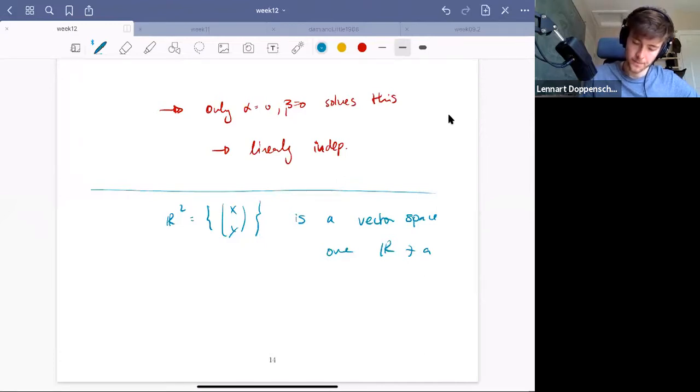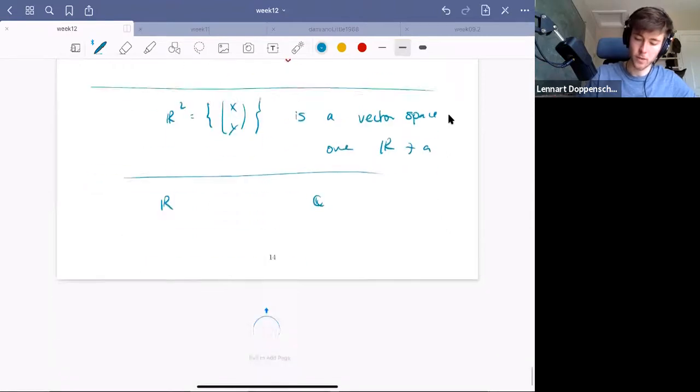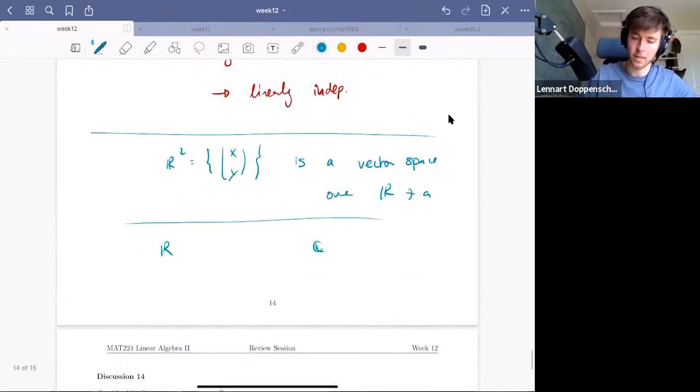But if you have R and Q, the same distinction has to be made: the one are vectors, the other one are scalars. All that you really need is some way that a scalar can multiply with a vector. That's true for this case. You can multiply any real number with a tuple by component multiplication.